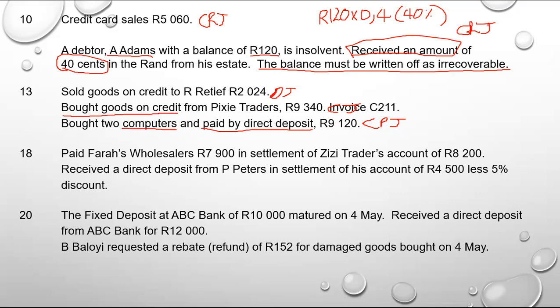And who is paying who here? We as ZZ Traders are the ones that are paying Farah. And how much did we pay them? We paid them 7,900. How much did we owe them? We owed them 8,200. And what does settlement mean?